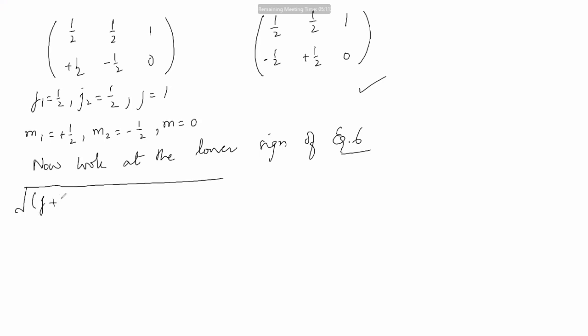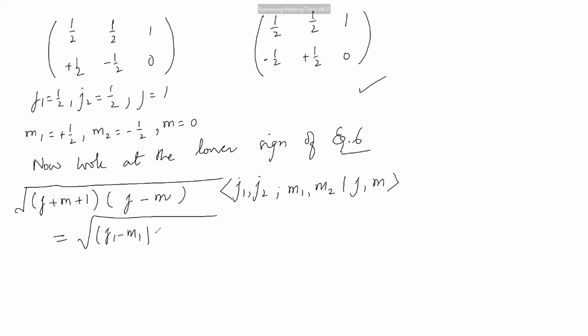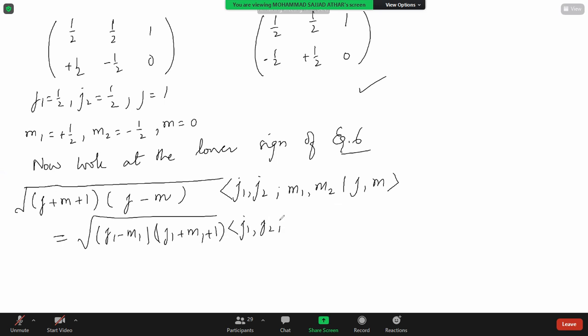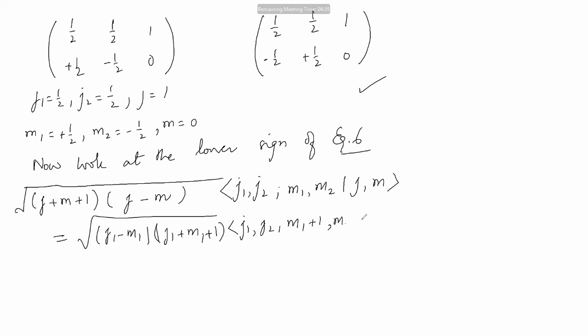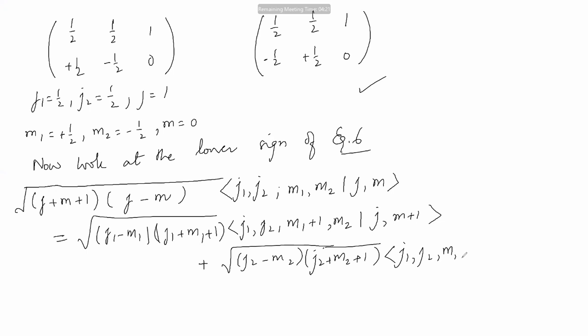This is square root of J plus M plus 1, J minus M, J1, J2, M1, M2, J M, equal to square root of J1 minus M1, J1 plus M1 plus 1, J1, J2, M1 plus 1, M2, J, M plus 1, plus square root of J2 minus M2, J2 plus M2 plus 1, J1, J2, M1, M2 plus 1, J, M plus 1.